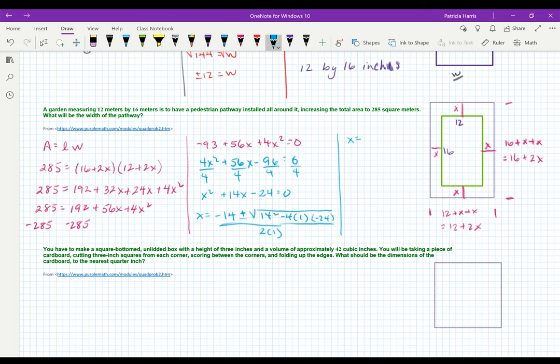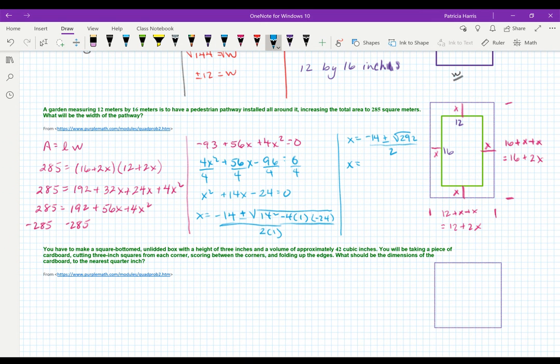So if I do that, I'm going to use my calculator. I get negative 14 plus or minus the square root of 292 all over 2.